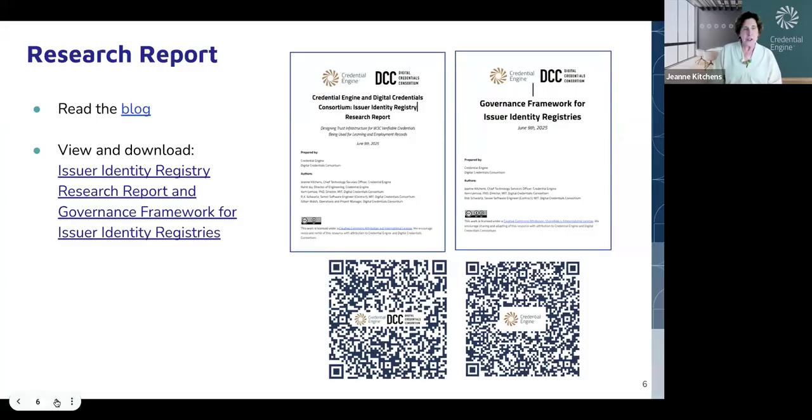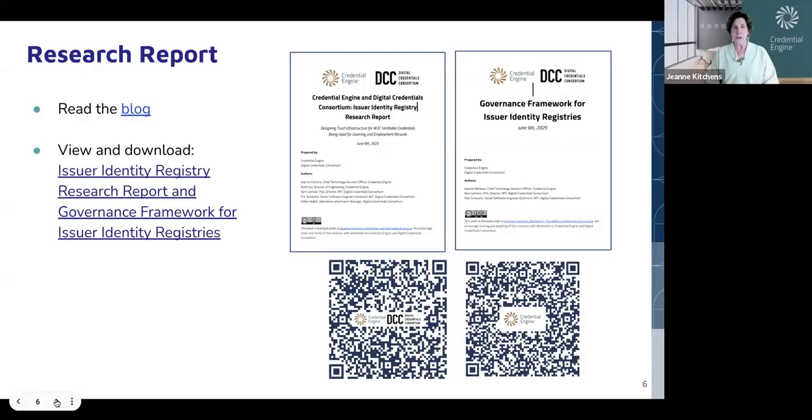So the Issuer Identity Registry, or IIR, we have a new acronym that we're talking about today, is grounded in research. For those who are not aware or have not seen the research that we have done with our partners at the Digital Credentials Consortium, we did a year-long project.